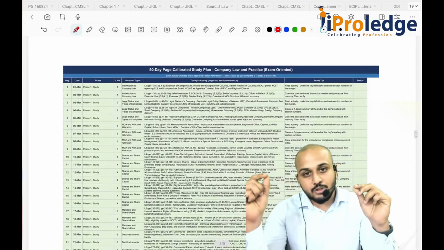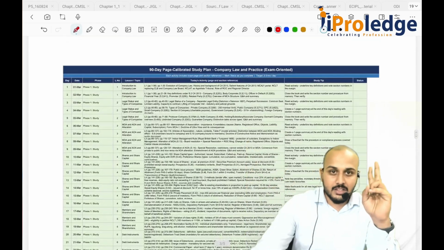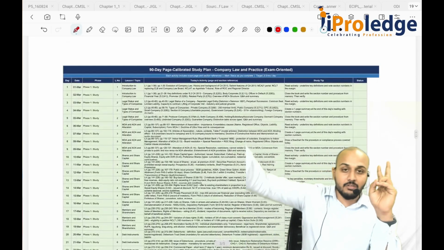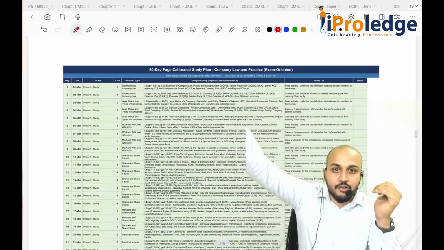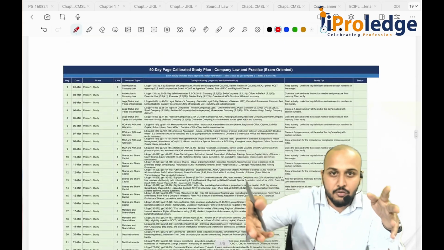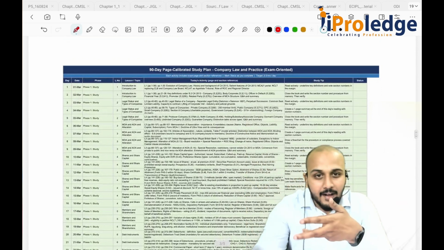You need to pass so and so resolution. You need to know which resolution needs to be passed. If there is any form that the company has to file with ROC, the company will not go to ROC. Someone on behalf of the company should go to ROC and file that form. So you have to authorize on behalf of the company who is going to file that form.